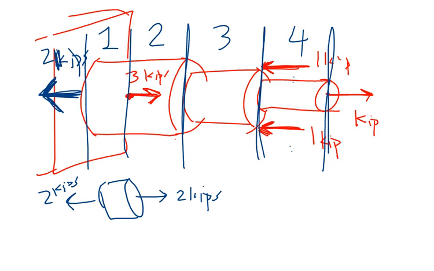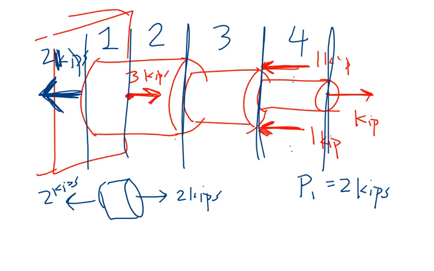So the internal force in segment 1, so P1, is 2 kips. Now, I need to specify whether that's positive or negative. Remember from last time, positive means tension, negative means compression. It should be pretty obvious to you what this is, right? This is positive because segment 1 is in tension.